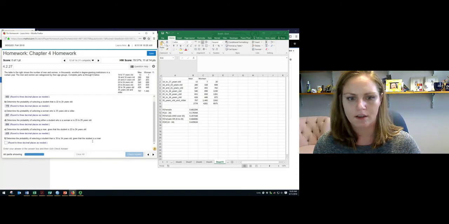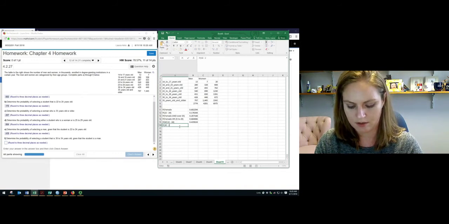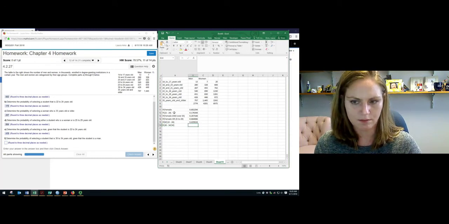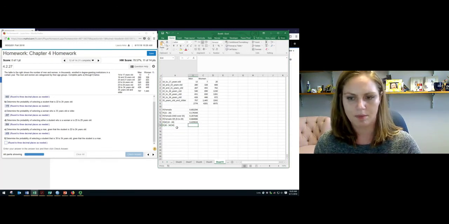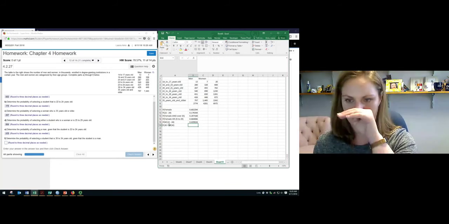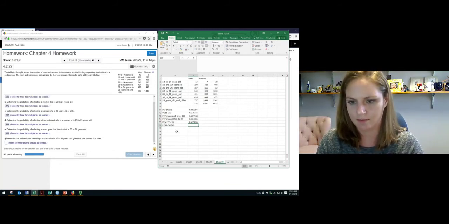Determine the probability, given that they are a man, is 30 to 34. Okay, so probability 30 to 34, given man. These don't necessarily have to be in here. They're not necessarily asking, but it's nice to understand how to represent them numerically, or from a probability standpoint.